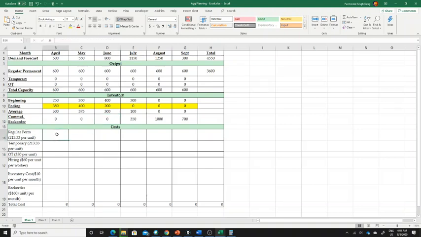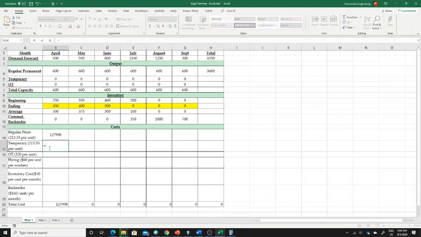Then the cost is straightforward, right? So for the permanent workforce, we are paying them $213.33, and we have the permanent capacity as 600, right? So that will give me the cost for permanent workforce.